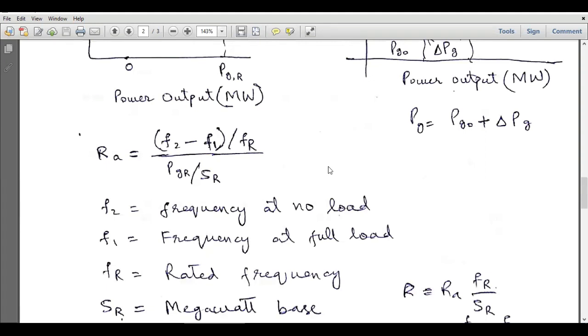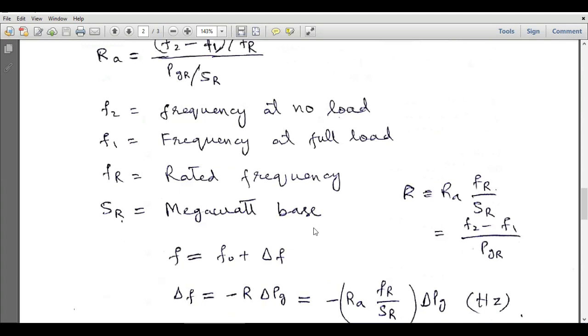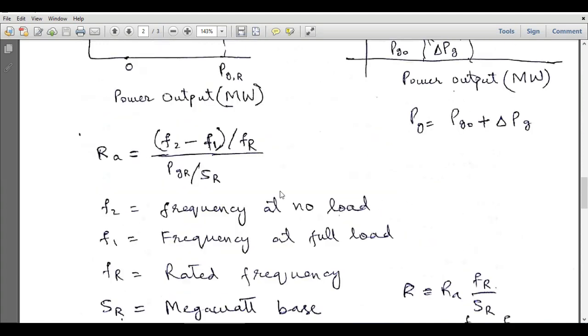Now we can evaluate the slope of this curve in actual units, right? So the slope of this curve in actual units will be equal to F2 minus F1 divided by PGR, and that will be equal to capital R, okay?